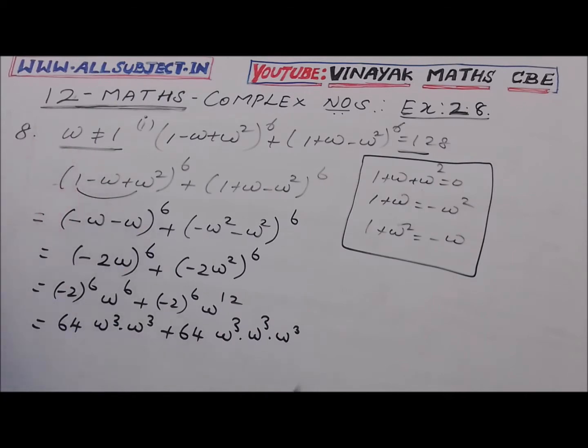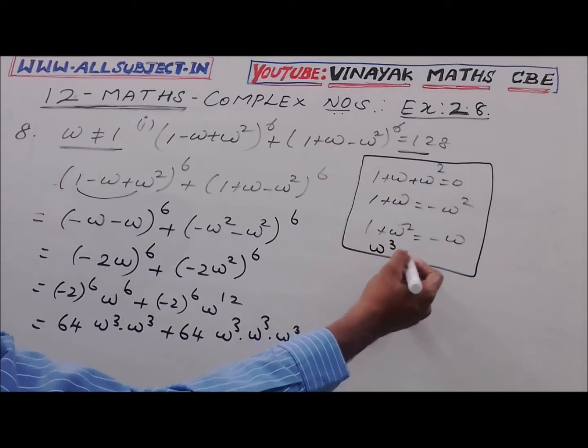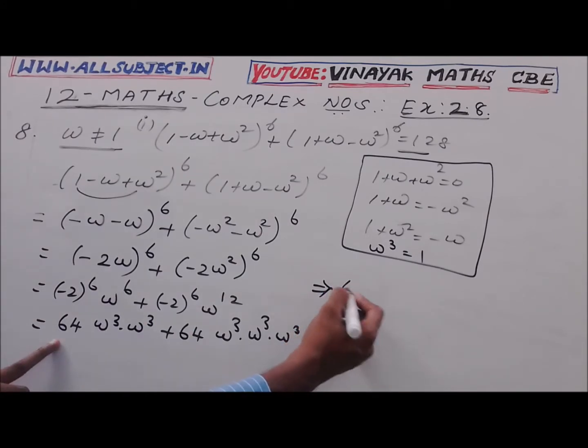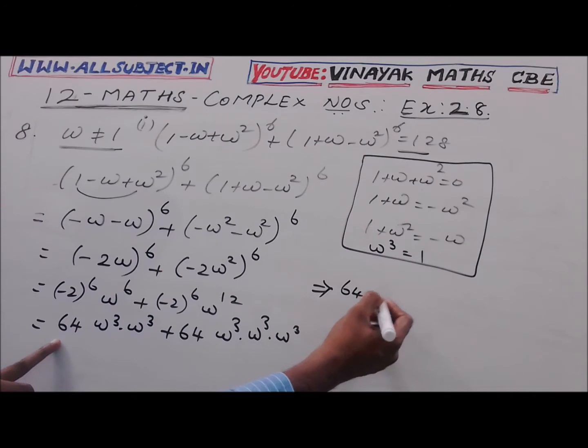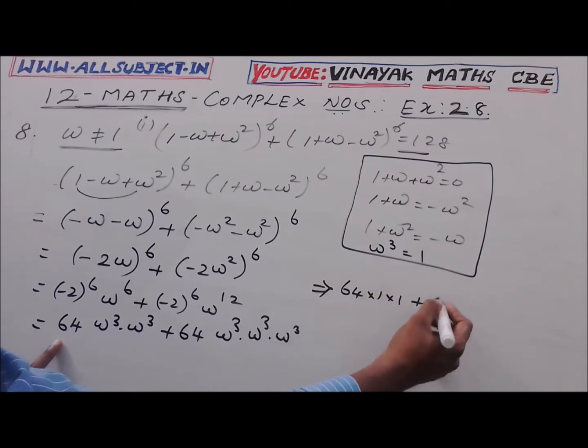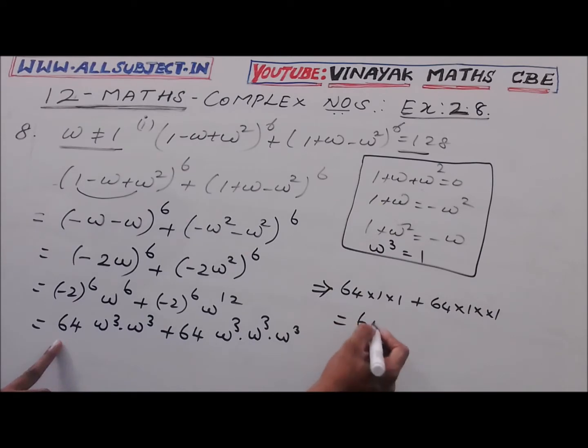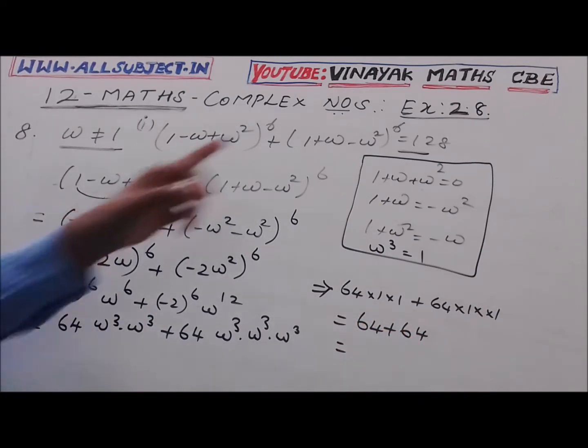Omega is a cube root of unity, so omega cube is equal to 1, which implies 64 into 1 plus 64 into 1, which is equal to 64 plus 64 equal to 128.